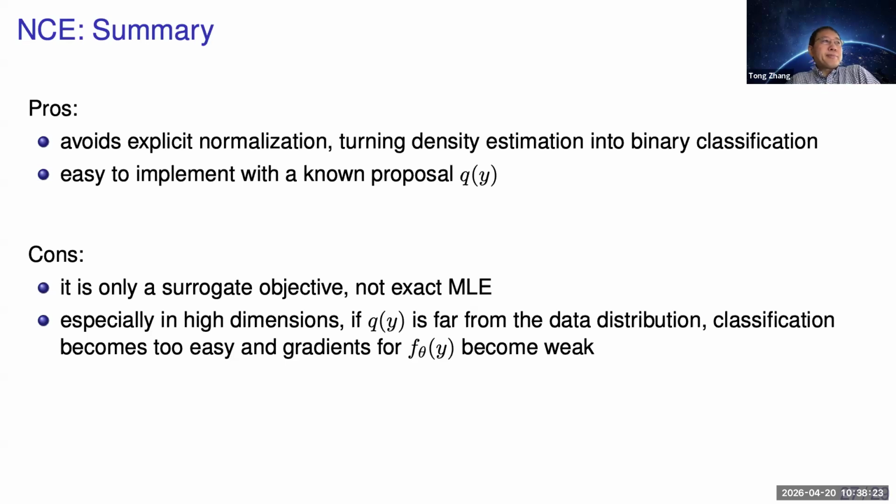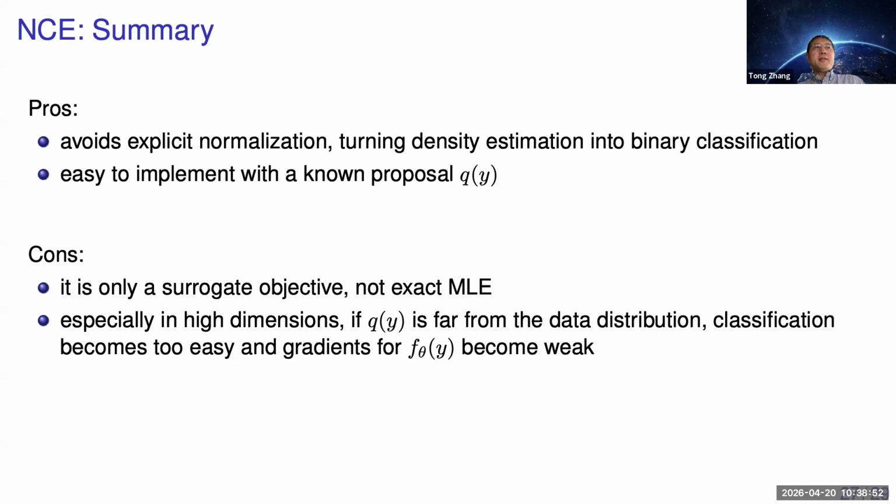But that one is not exact. That is approximate. Here, this one is exact from the binary classification perspective. But if Q is far from the data distribution, the classifier becomes too easy. There's not much signal to the F. So essentially, when you move around, it's the same issue we see in the GAN.